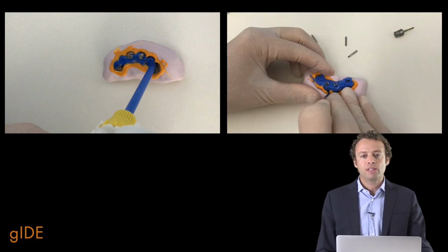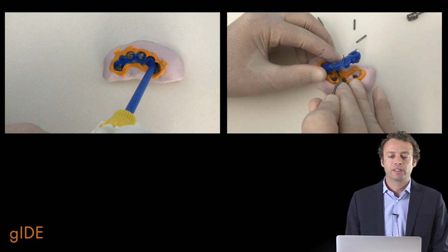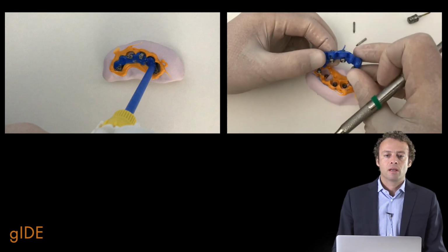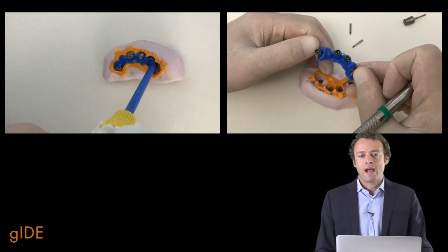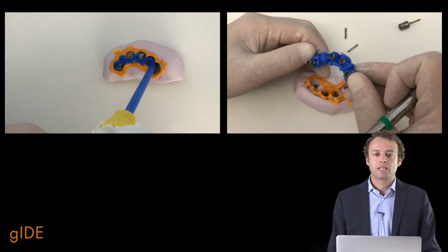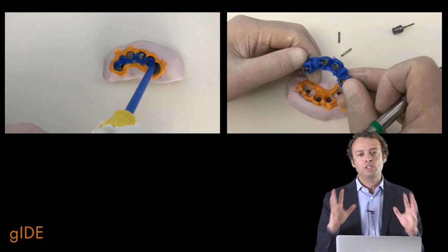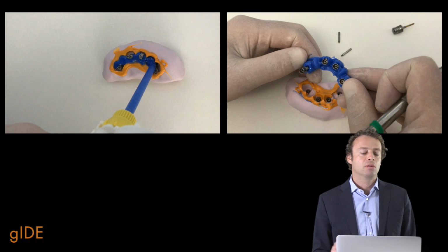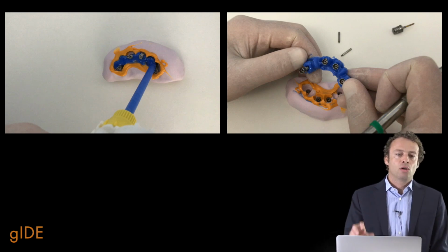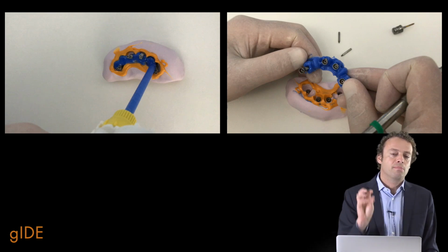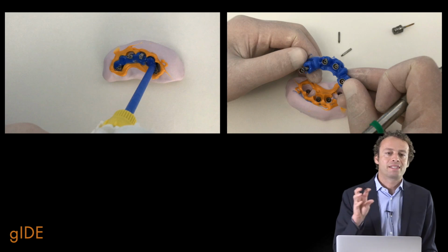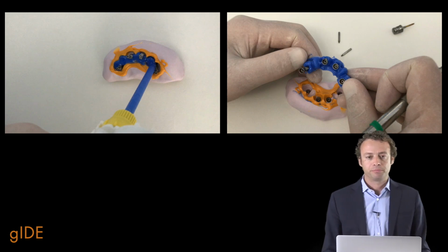And when we remove it, we can see how we have a perfect design of my silicone key, the impression silicone key, that allows me to support the soft tissues correctly in the mouth during the impression. Because my target is to maintain the soft tissues in the mouth during the impression exactly like the temporary.